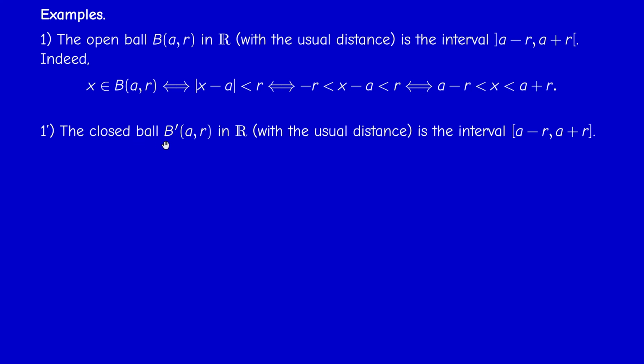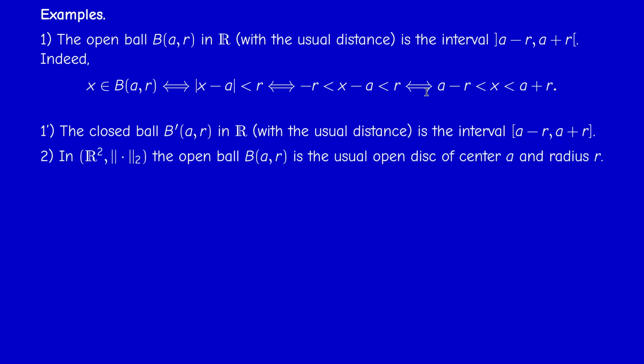And similarly, the closed ball B'(a,r) with the usual distance is just the closed interval [a minus r, a plus r], same thing. Now, if we equip R2 with the Euclidean norm, or the Euclidean distance, if you like, the open ball B(a,r) is just the usual open disk. Now, a ball is a disk. Why is this true?